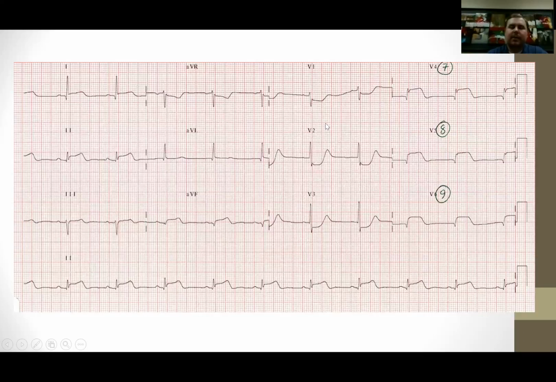The depression in V1, V2, and V3 is more sensitive for posterior MI compared to the posterior leads, actually, because usually the posterior leads have to go through the entire lung tissue and bone and big muscle, so they'll have really small QRSs, so it's really hard to get 1 millimeter all the time. So if you just have this V1 through V3 look right here, that's usually enough to call it.